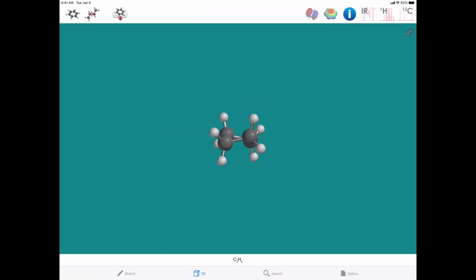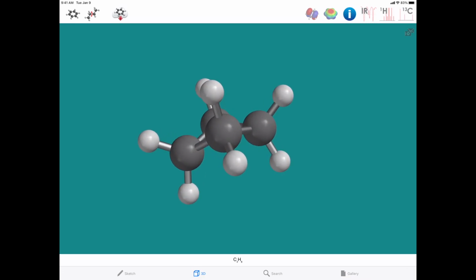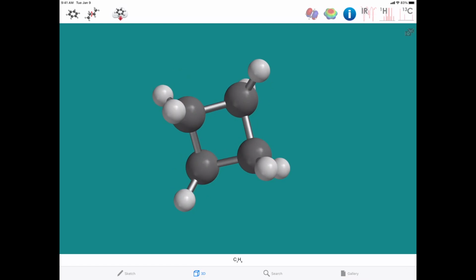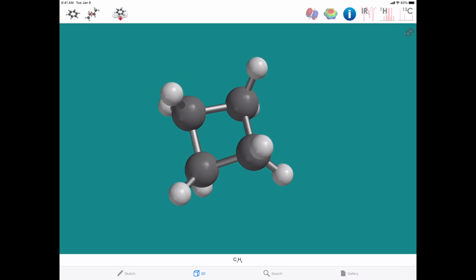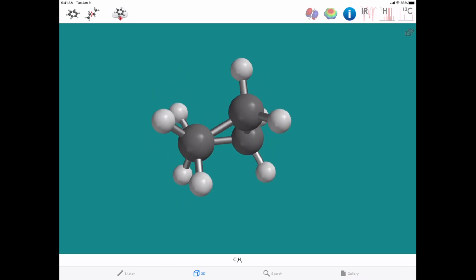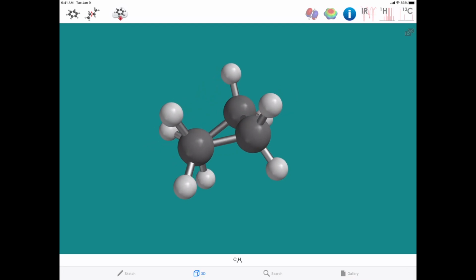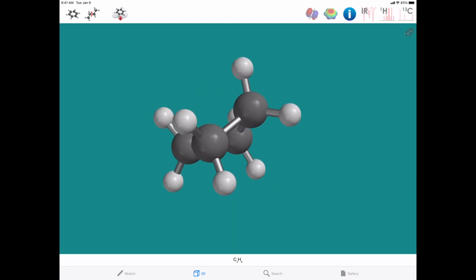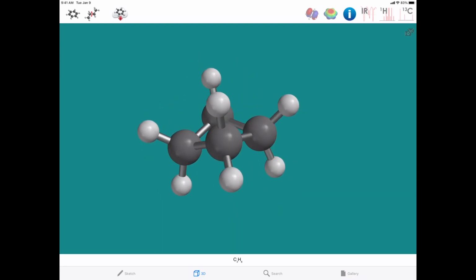Okay. Oh, and it's already adopted the pucker. So do you see how that's not totally flat? And if you look down the carbon-carbon bonds, we're not eclipsed anymore. We're not perfect gauche, because you can't be in a four-membered ring, but it's better than eclipsed.